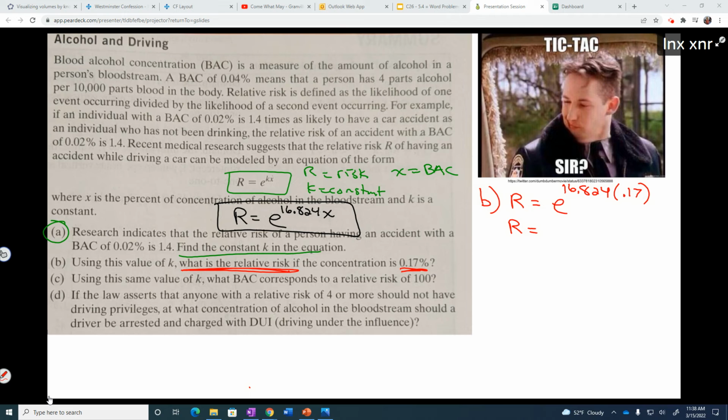All right, what do we get? You guys got 17.46. 17.46, so about 17.5 times as likely.